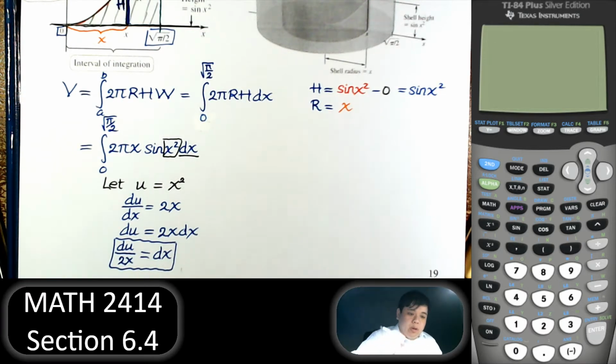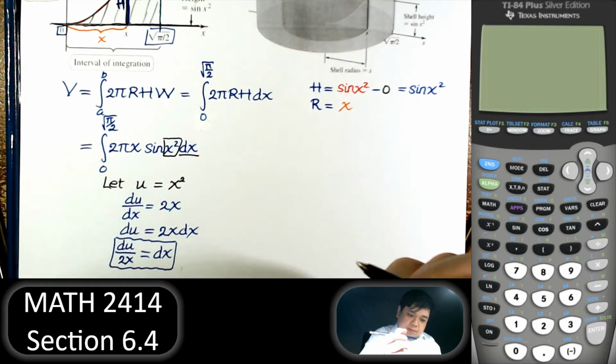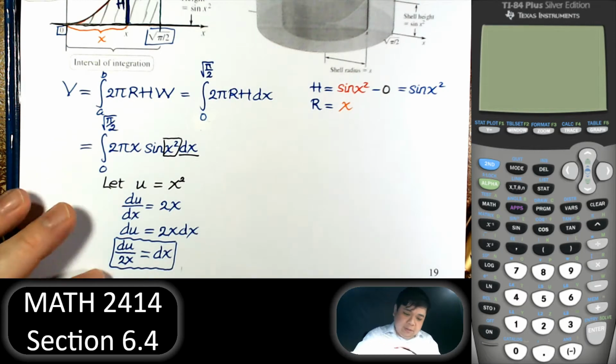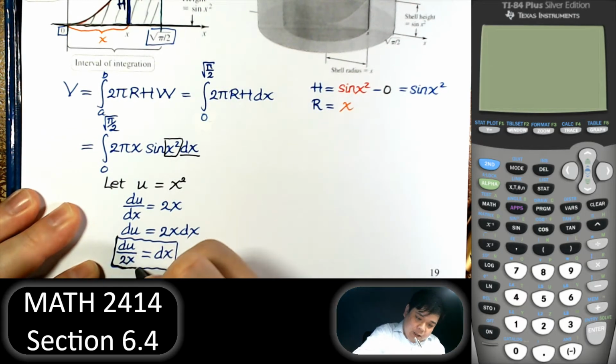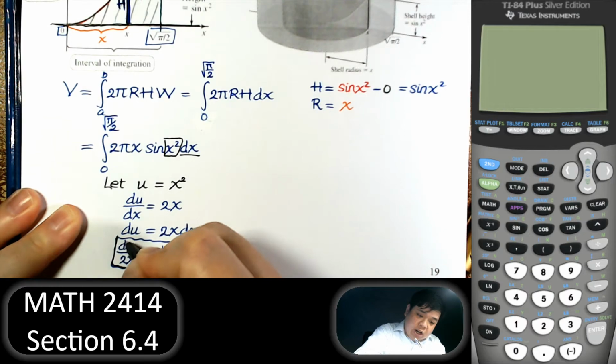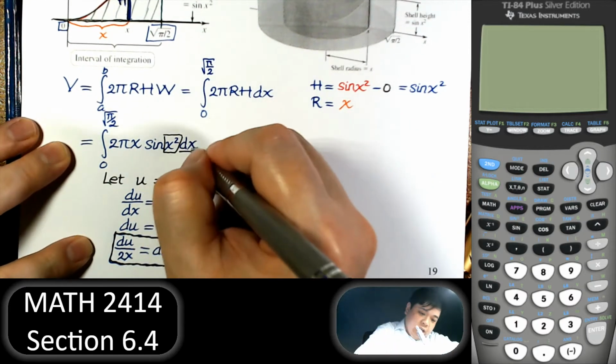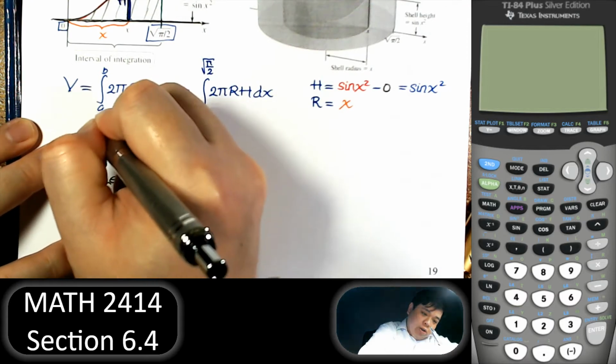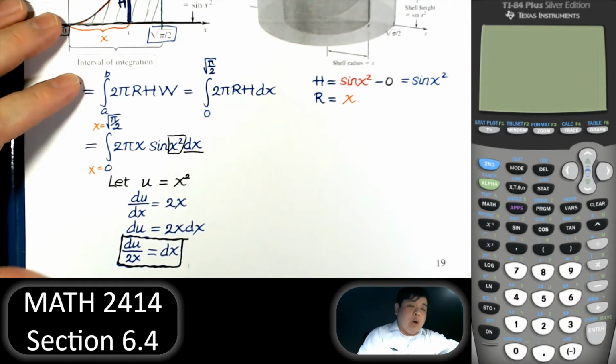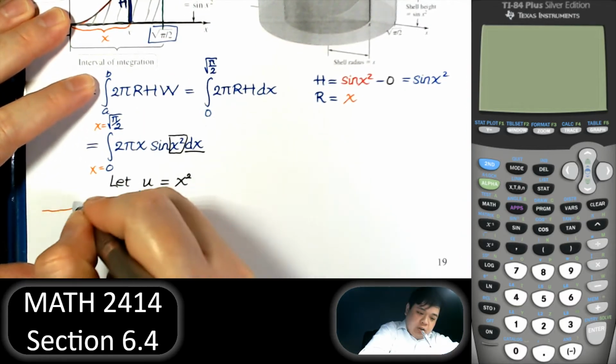So we have two components like that. This one is a definite integral, so we have to find the limits as well. The limits are x equal to 0 and x equal to square root of pi over 2. So let's make a little table here.